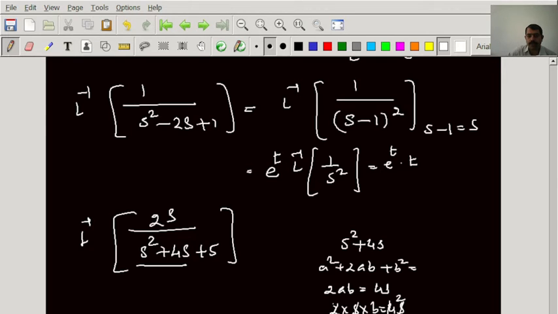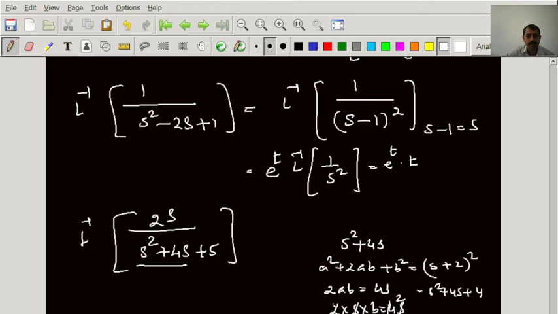That means we can write this as (s plus 2) whole square. If we expand this, what do we get? s square plus 4s plus 4.